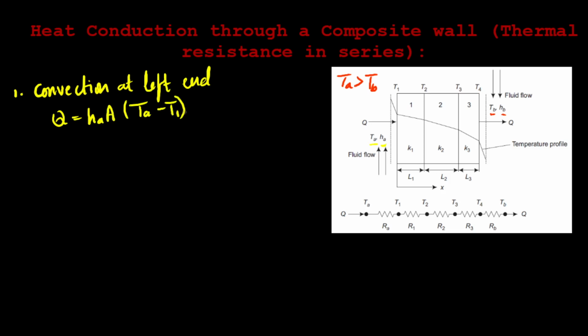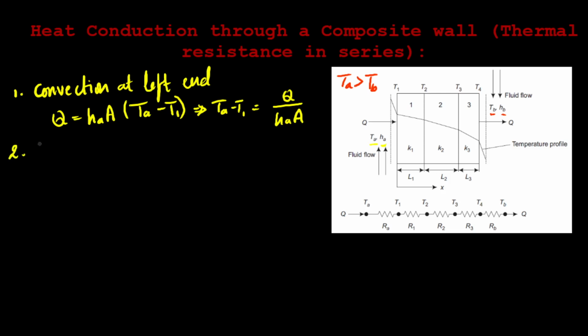I need TA minus T1, so that will be equal to Q divided by HA into A. So the temperature difference TA minus T1 will be equal to Q divided by HA into A.